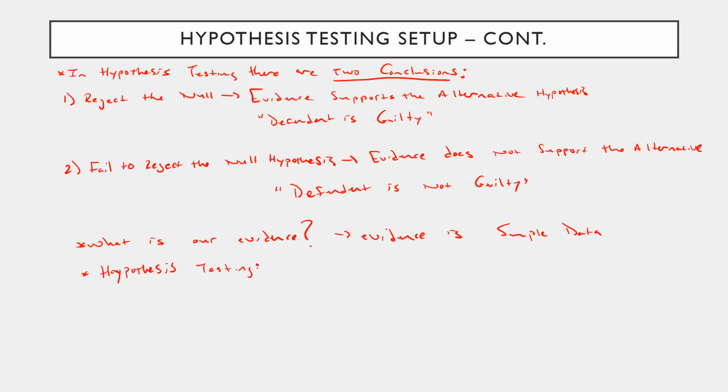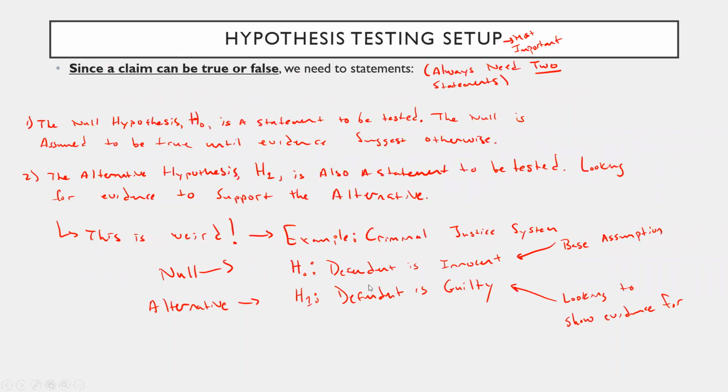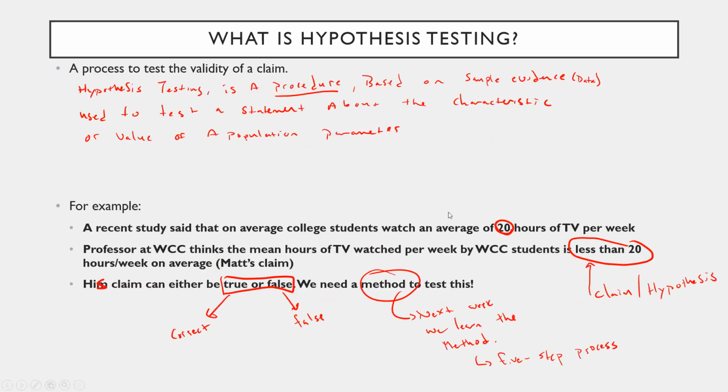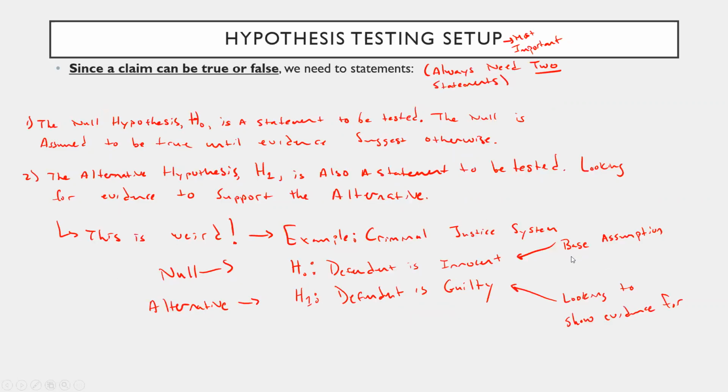You're going to make a claim. In this case, the claim is this defendant committed the crime. Over here, the claim is that WC students watch less than 20 hours of TV per week. That's my claim.